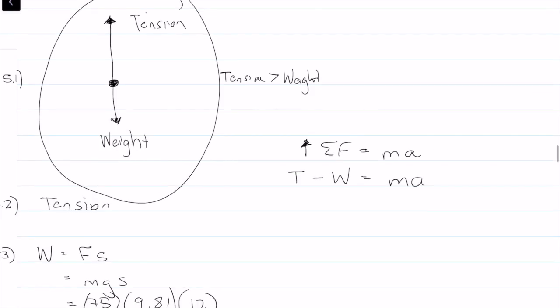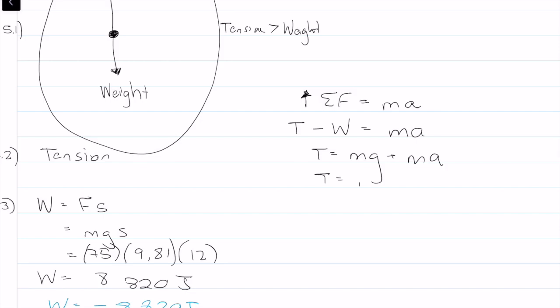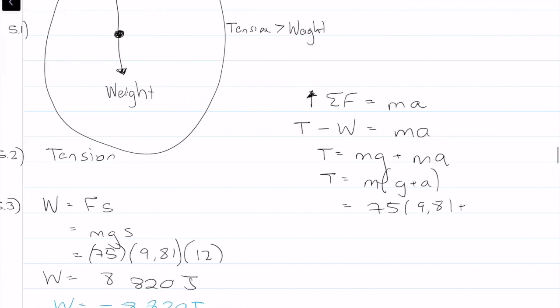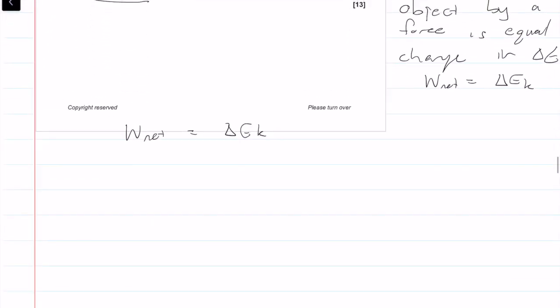We want to solve for our tensile force, so tension equals mg plus ma. So our tensile force is equal to our mass times our gravity plus the acceleration we experience. The mass was 75 kilograms, gravity is 9,81, and the acceleration is 0.65 meters per second squared. So we get our tension force is equal to 783.75 newtons.